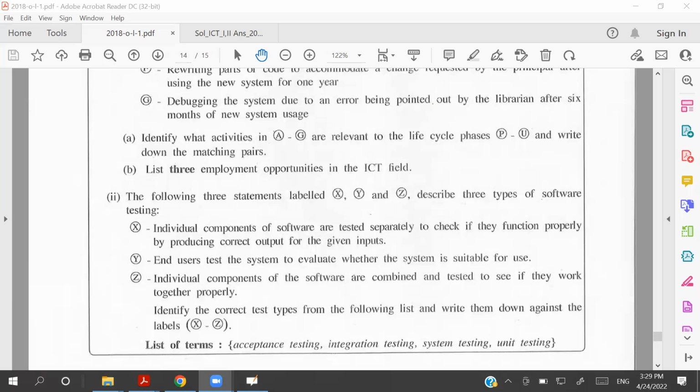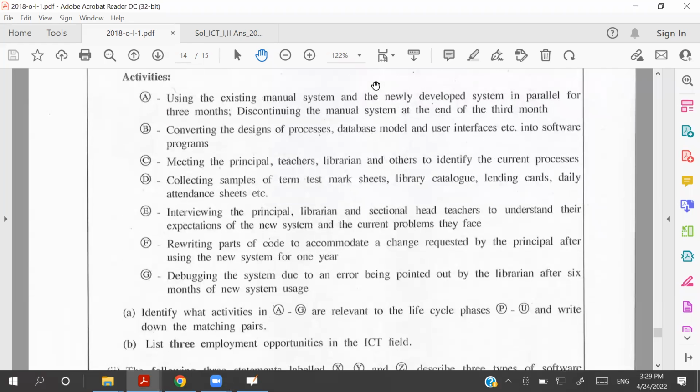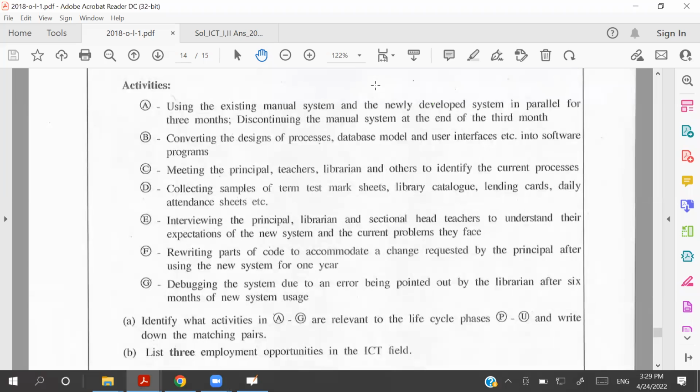So the marks, let's do it how? Earlier we got how many? B, C, D, E, F, G, 7.5, 6.5. Now it's like this. For part A, if you match the particular label with the statement, you can take 0.5 for each answer.